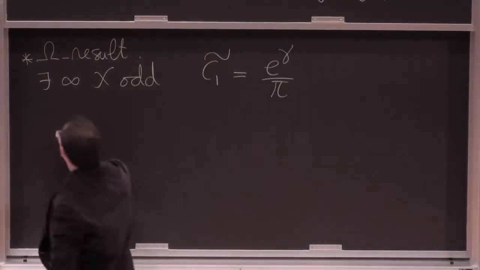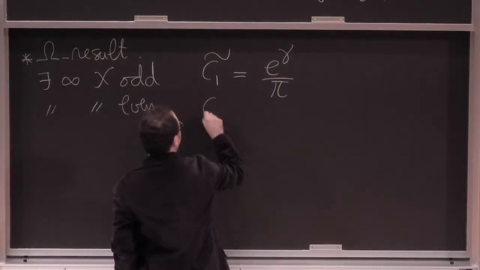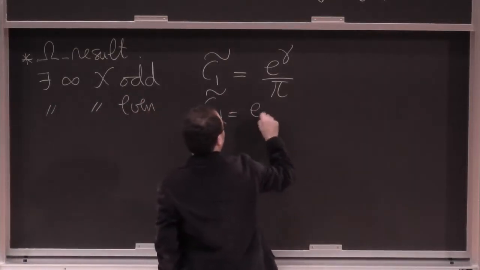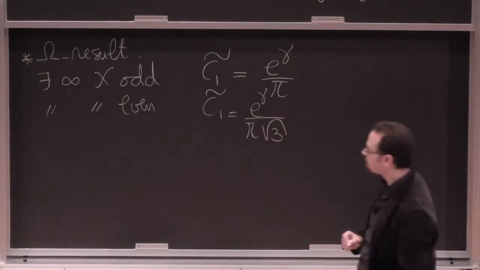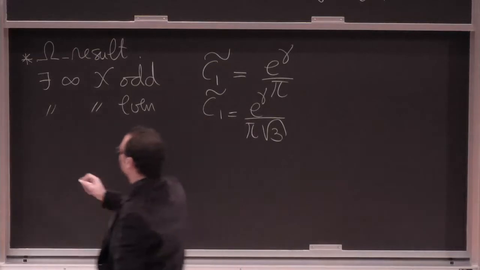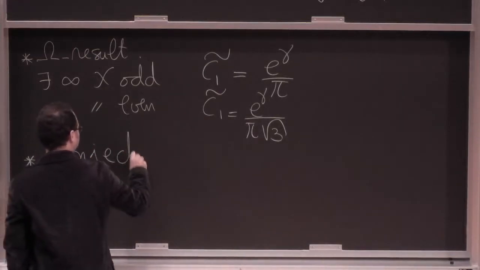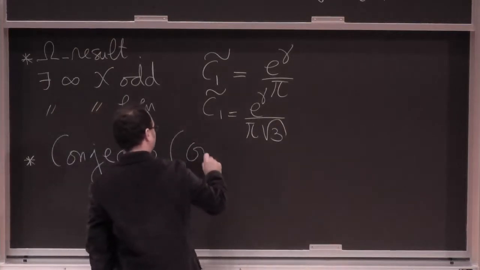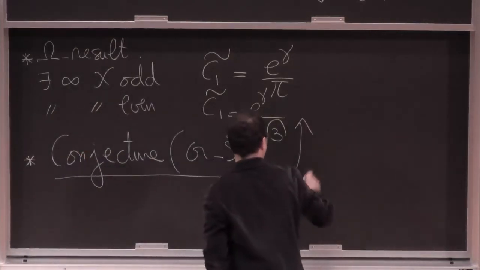And similarly, there are infinitely many chi even, for which you can attain e^gamma over pi squared times the square root of 3. Okay. And their conjecture, the Granville-Soundararajan conjecture, is that these constants are best possible.